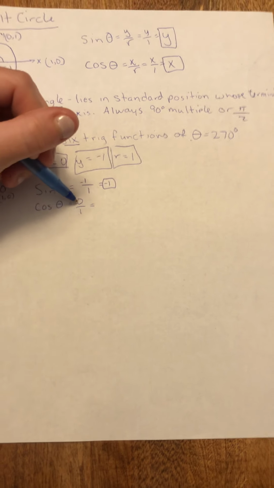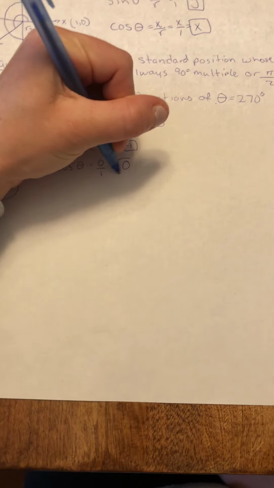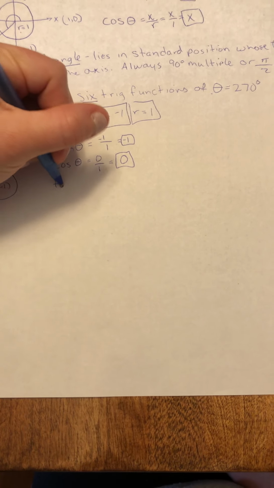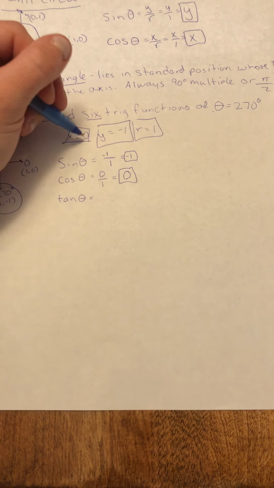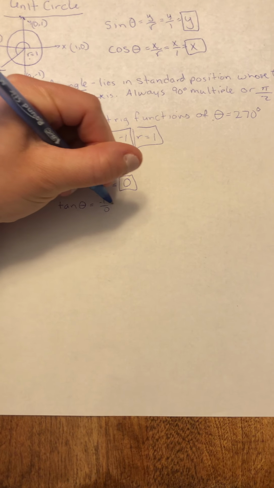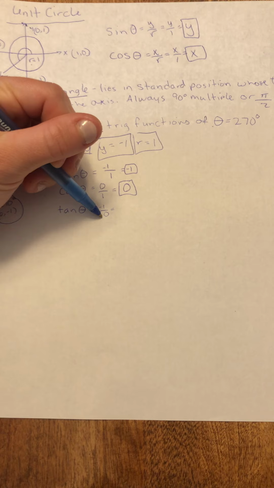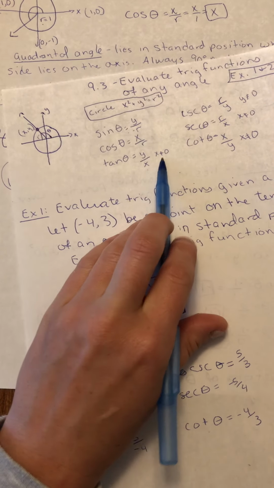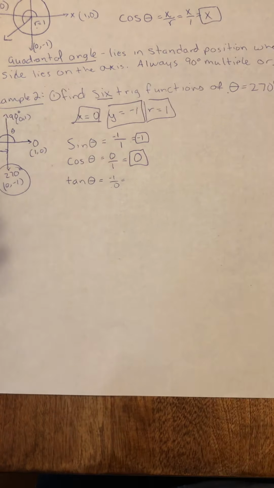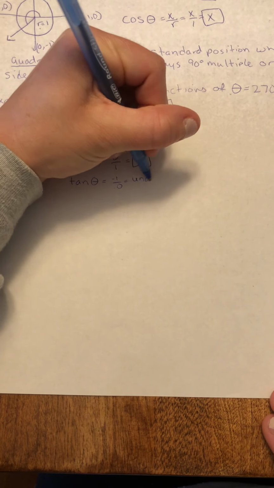And remember, anytime 0 is in the numerator, it equals 0. Tangent is going to be y over x, so negative 1 over 0. When 0 is in the denominator, remember we talked about how x can't be equal to 0. You get undefined.